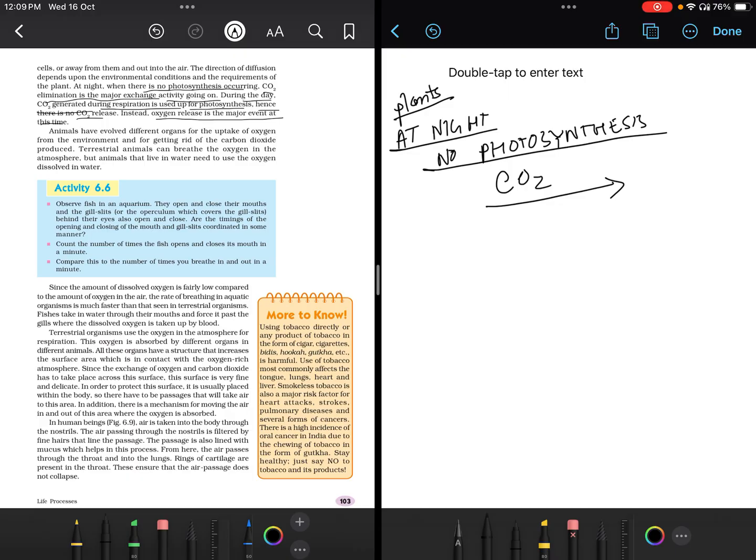Carbon dioxide is eliminated. But during the daytime, carbon dioxide generated is used in photosynthesis.